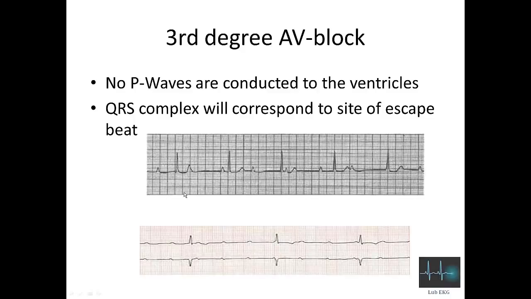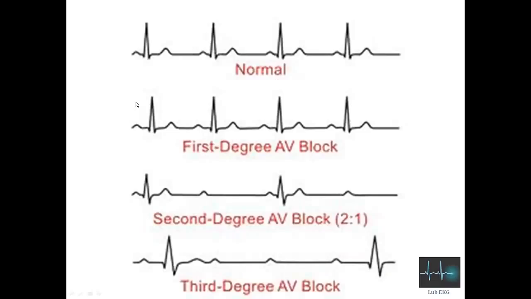The QRS complexes are regular, only they are independent of each other. So, to sum it up, first degree AV block, all P waves are conducted, but you have a prolonged PR interval. Second degree, some. Third degree, none.